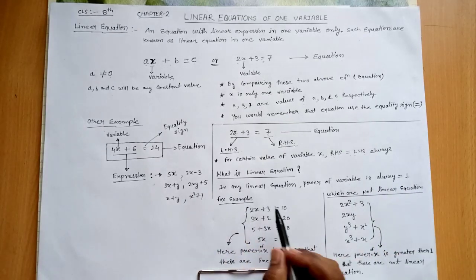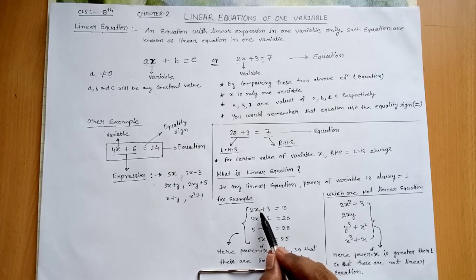For example, here I have written many equations with only one variable: 2x plus 3, 3x plus 2, 5 plus 3x equals 20, 5x equals 25. In all these equations there is only one variable x, and its power is 1.